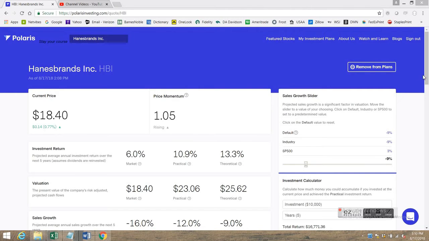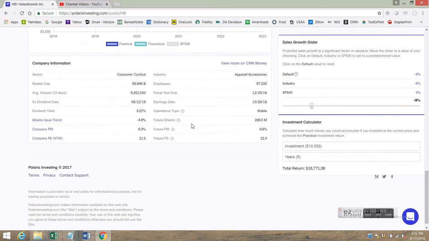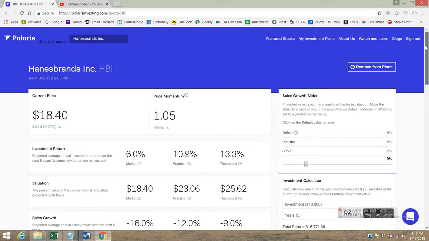So if you're out there using the website, if you have some strong opinion outside of sales growth that involves either future shares, profit margin, PE, the cost of capital, which here is 6%, or even the length of time that you're going to expect a company to stay in a more volatile situation and then eventually stabilize, and then calculate a terminal value as a result of that stabilization.